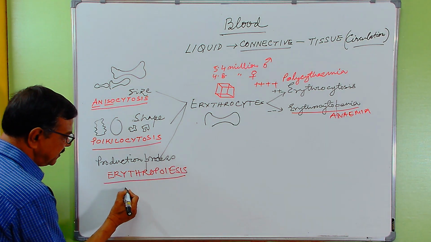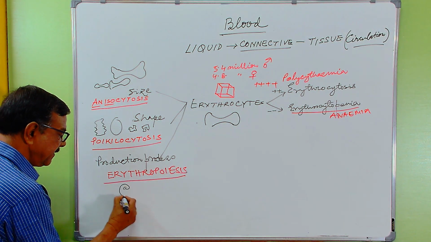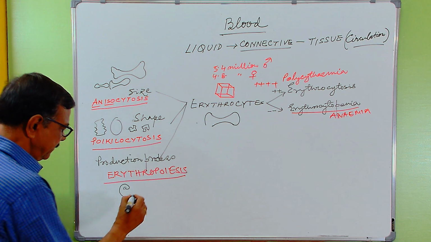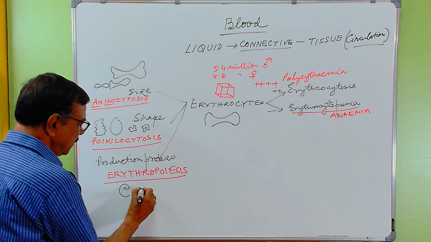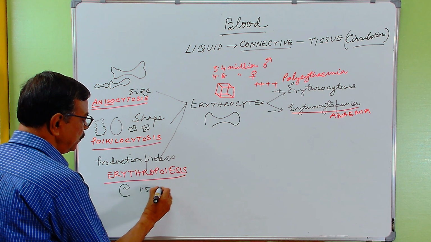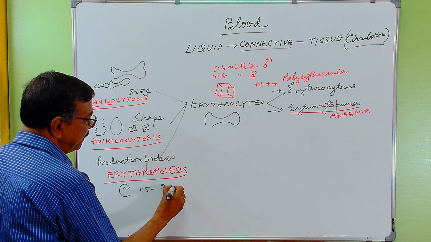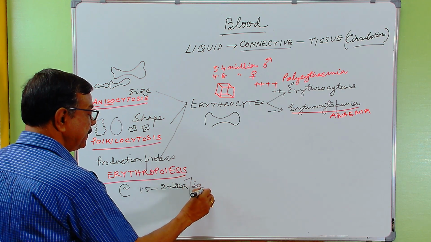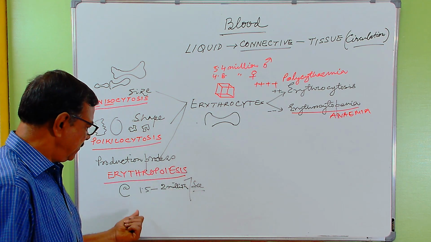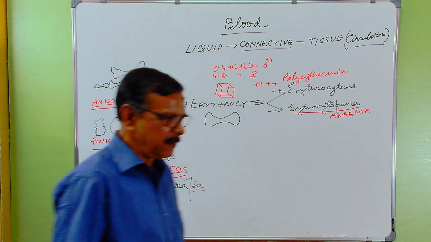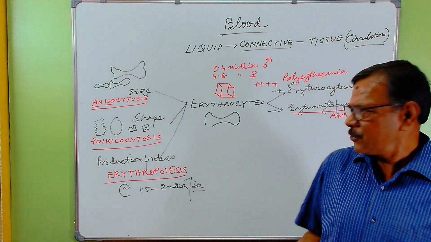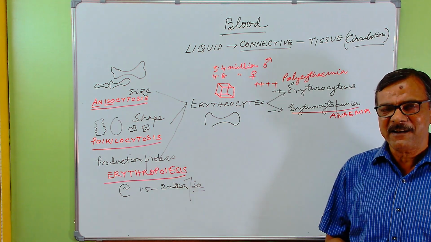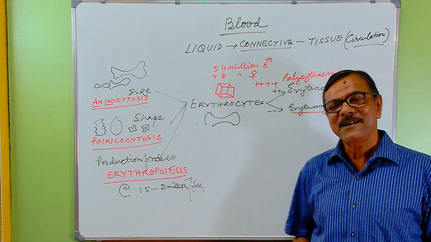Erythropoiesis occurs at the rate of 1.5 million to 2 million per second. Within a second, 1.5 to 2 million are produced, and in another second, again the same. An astonishing rate at which the erythrocytes are produced.